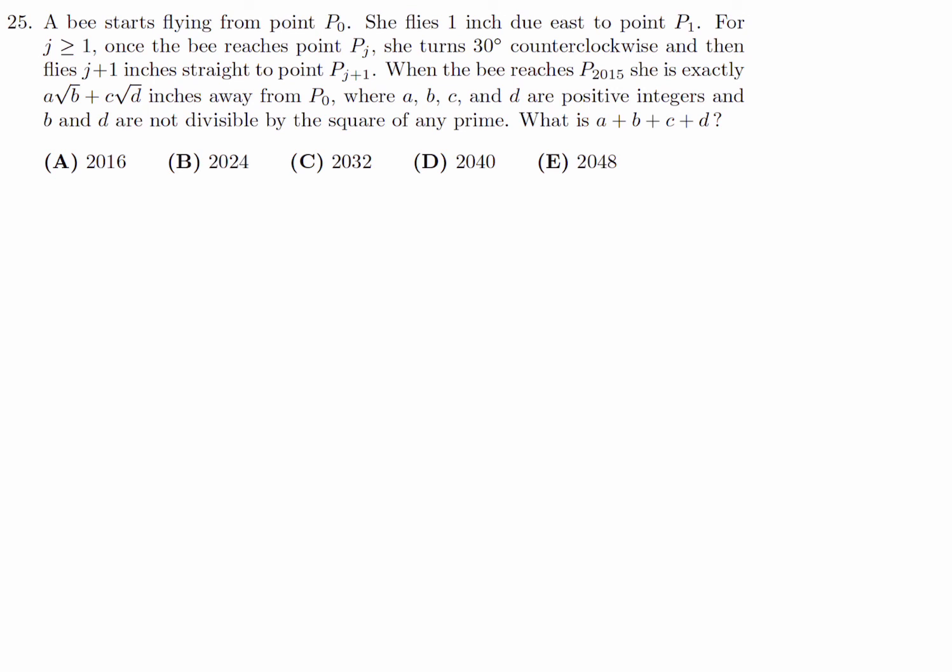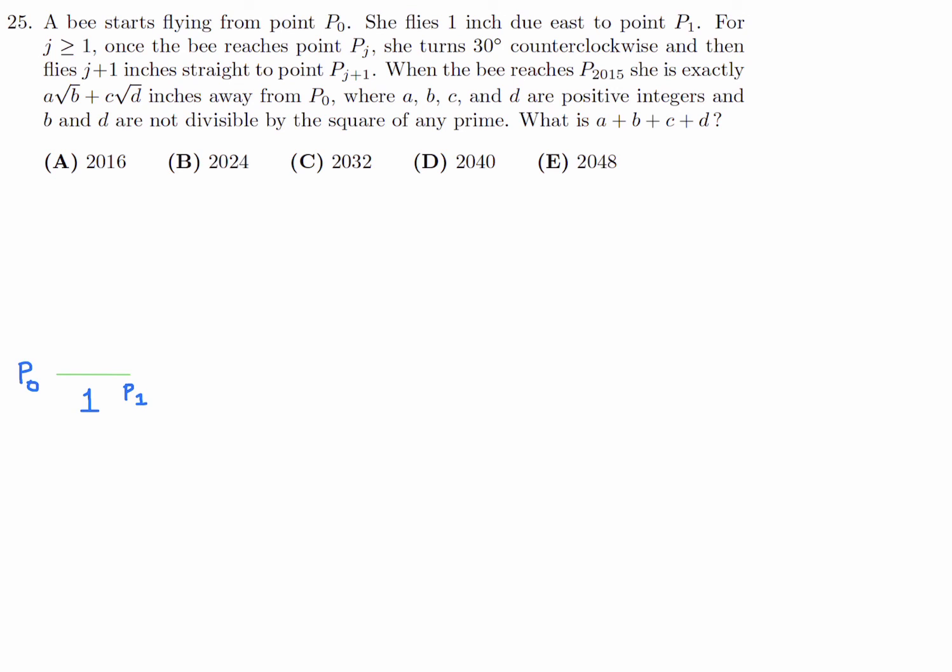Well, first let's draw a very basic drawing to get an understanding of what's happening. So first, we are going to start here. And this is going to be, of course, P0. And from there, we traveled 1 unit. And then we get to P1.